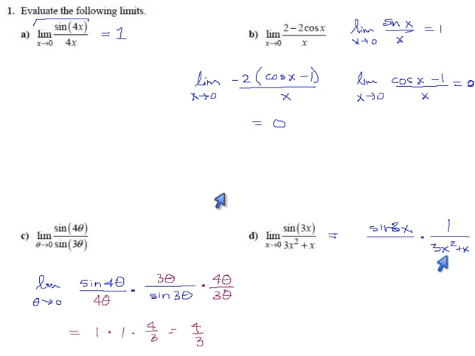there's a common factor of x in here, and I'll bet what they expect you to do is to say this is sine 3x times 1 over, pull an x out of here, 3x plus 1.